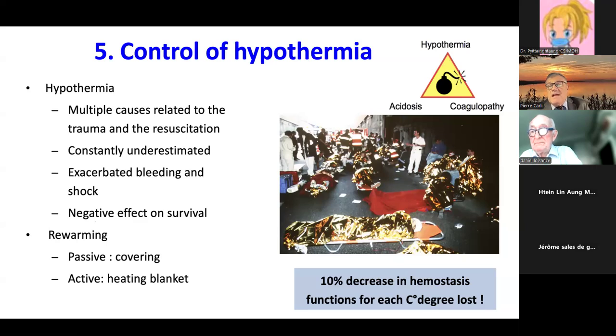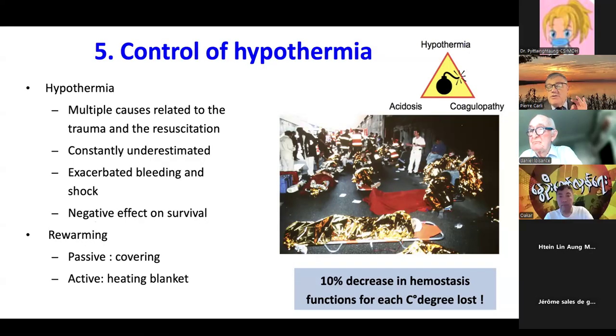And this, as I told you before, hypothermia creates coagulopathy. 1 Celsius degree, 10% decrease of the hemostatic power. It's enormous. It's terrible. So clearly, you have to rewarm the patient by all means and to stop the loss of heat from the patient, make the patient stay as warm as possible all the time.